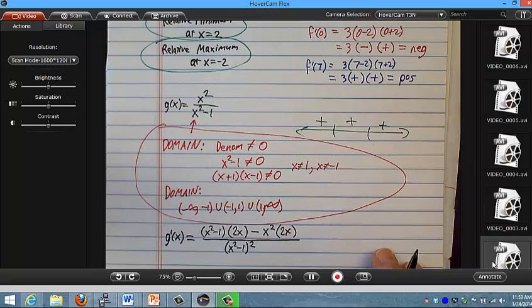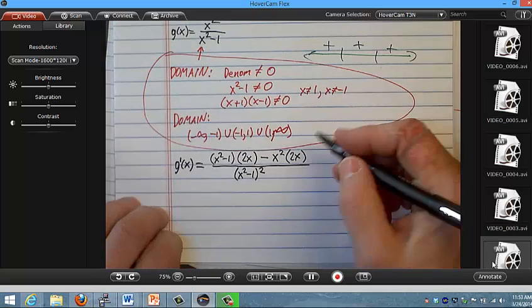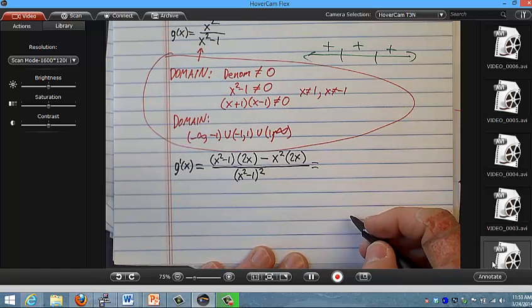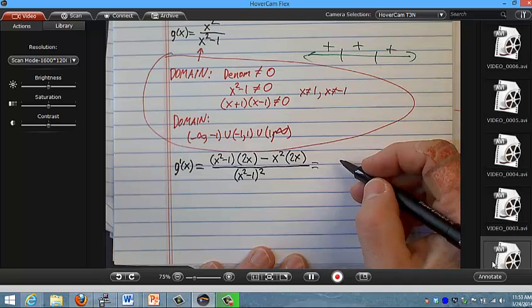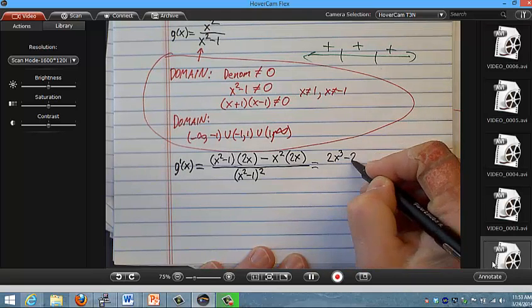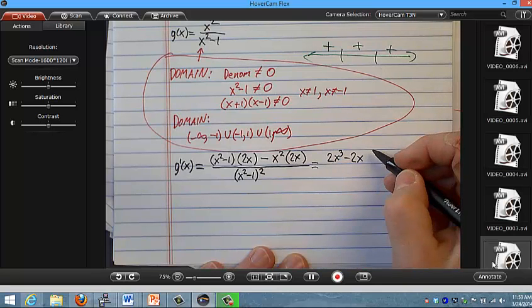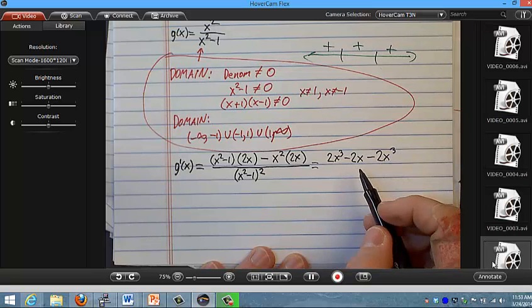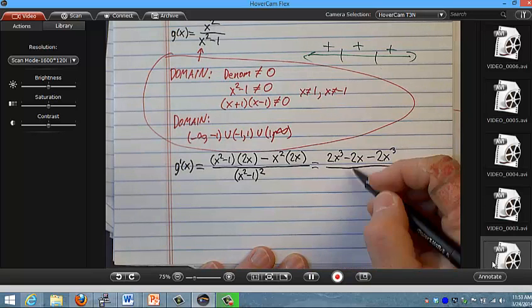What you get for g prime of x, if I distribute here, is 2x cubed minus 2x minus 2x cubed, all over x squared minus 1 squared.